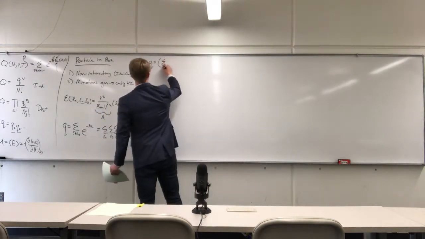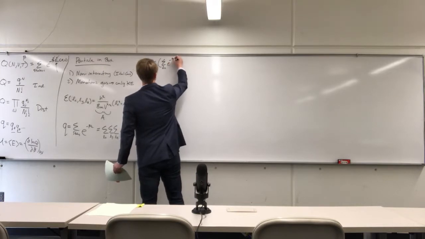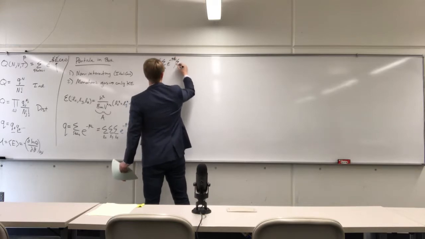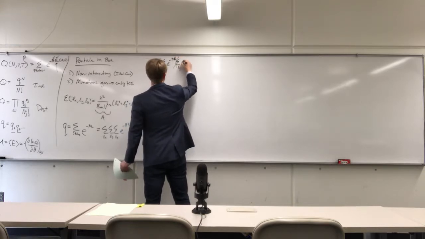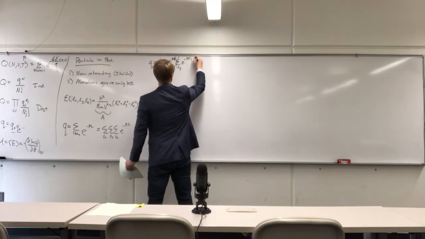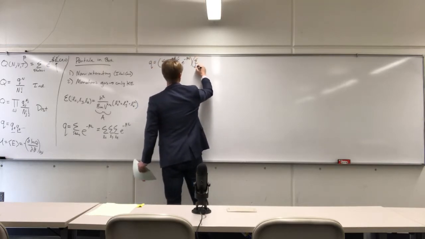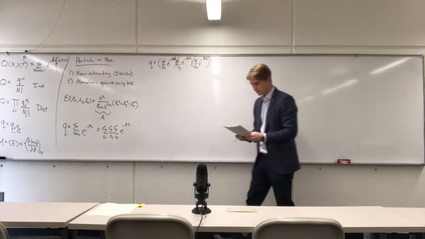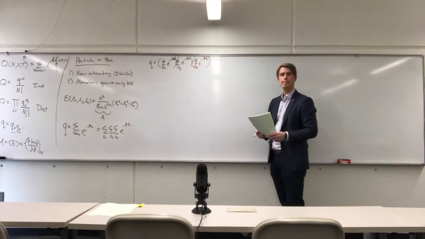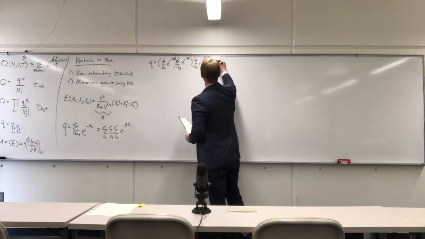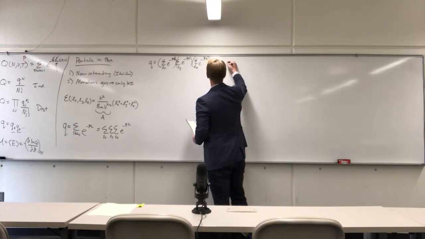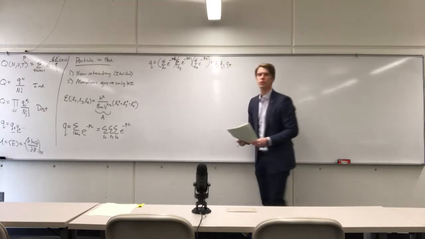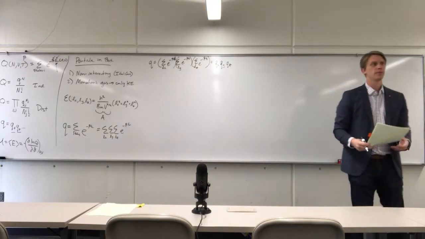So we can have the summation over Lx multiplied by the summation over Ly multiplied by the summation over Lz. And then this relates to Q in the x direction, the partition function in the y direction, and the partition function in the z direction.